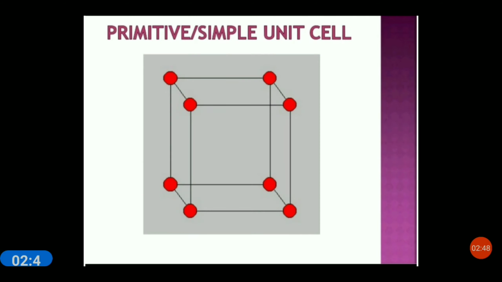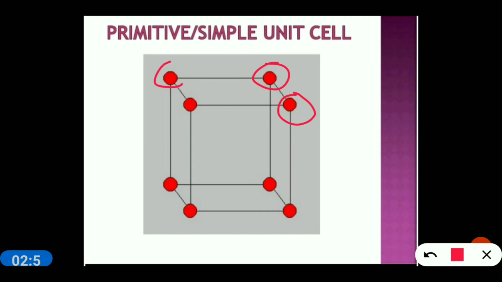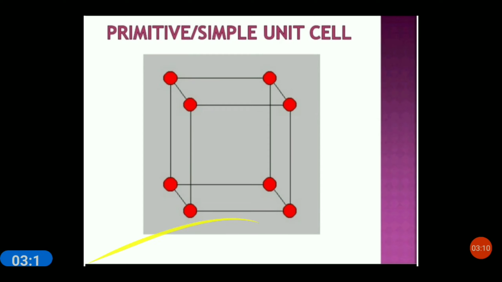When we talk about the primitive or SCC, in this the constituent particles are present at the corners. You know in any cube 8 corners are there. So you can see the particles are present at the corners only. This is known as the simple unit cell.